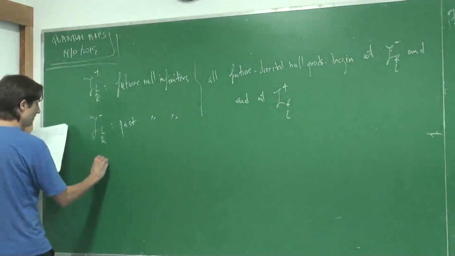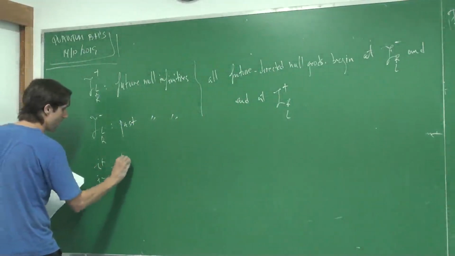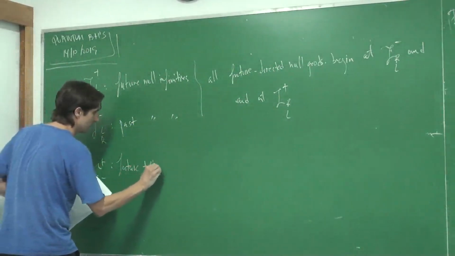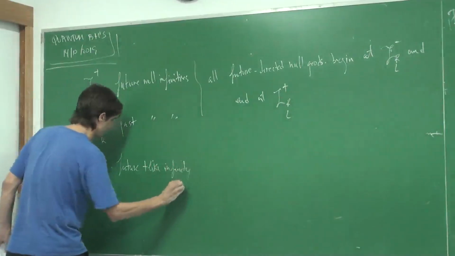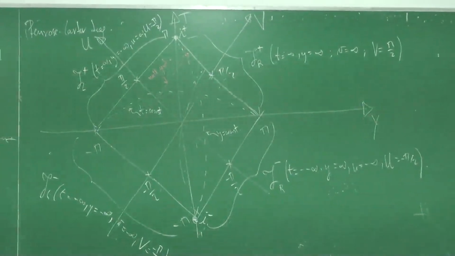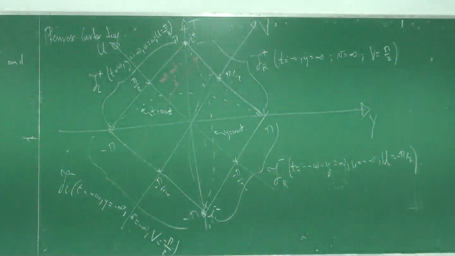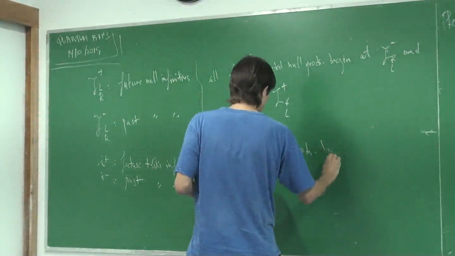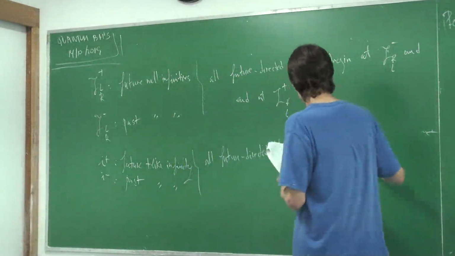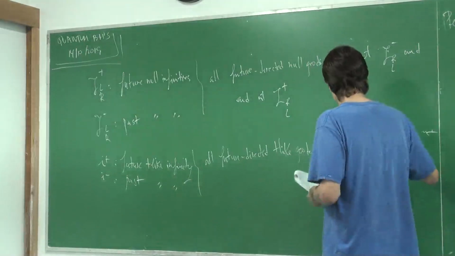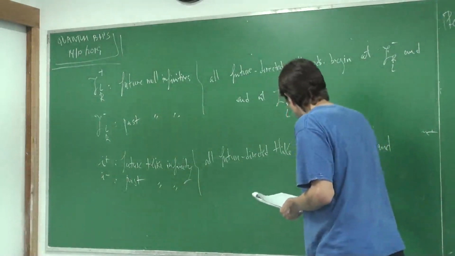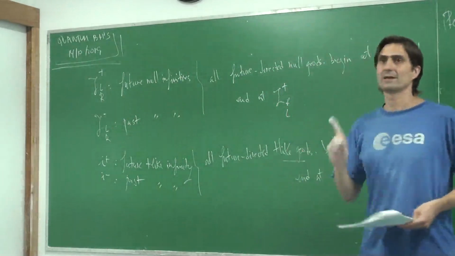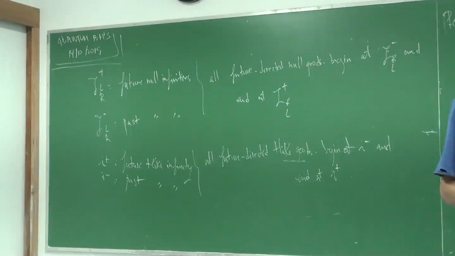And as I say, I plus and I minus are called future time-like infinity and past time-like infinity. All future-directed time-like geodesics begin at I minus and end at I plus. Time-like geodesics, not necessarily accelerated worldlines.